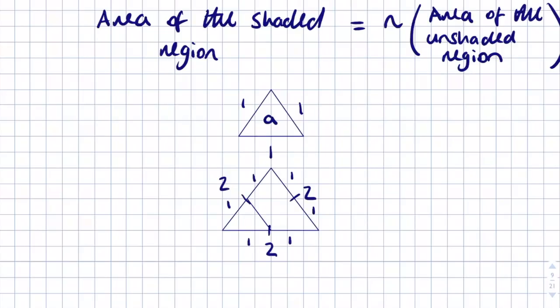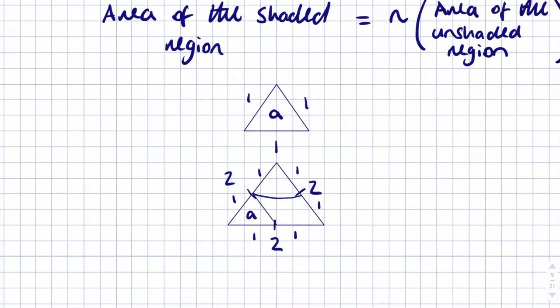I can draw a line connecting the midpoints, and this triangle is going to have an area A. There's also another triangle here, and if I connect these two midpoints, I've got another equilateral triangle with area A and another with area A. So the total area of this equilateral triangle is equal to 4A.